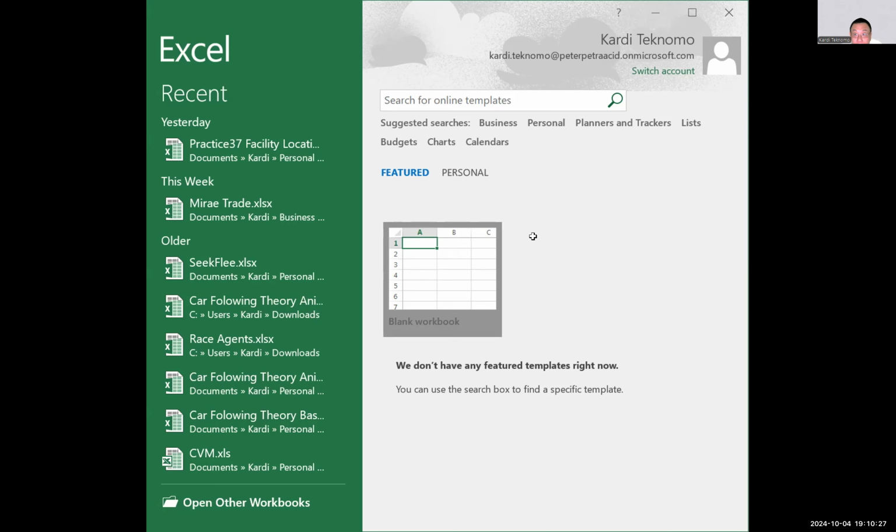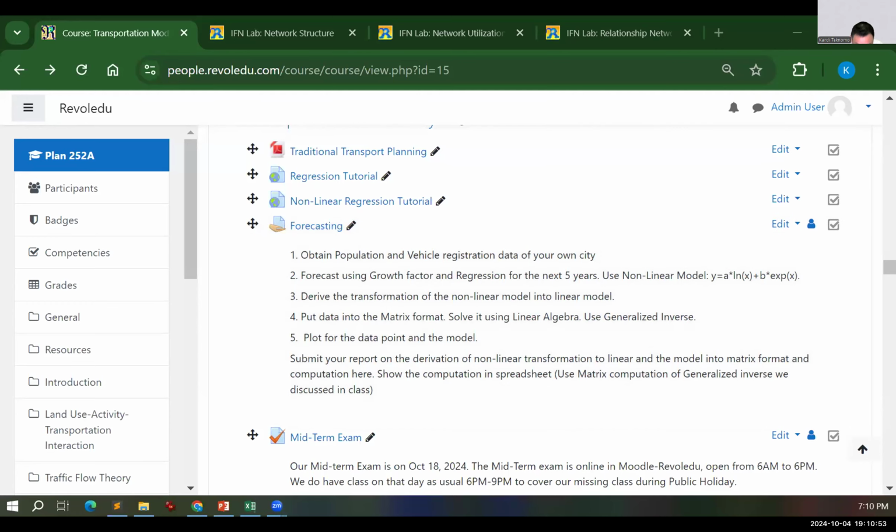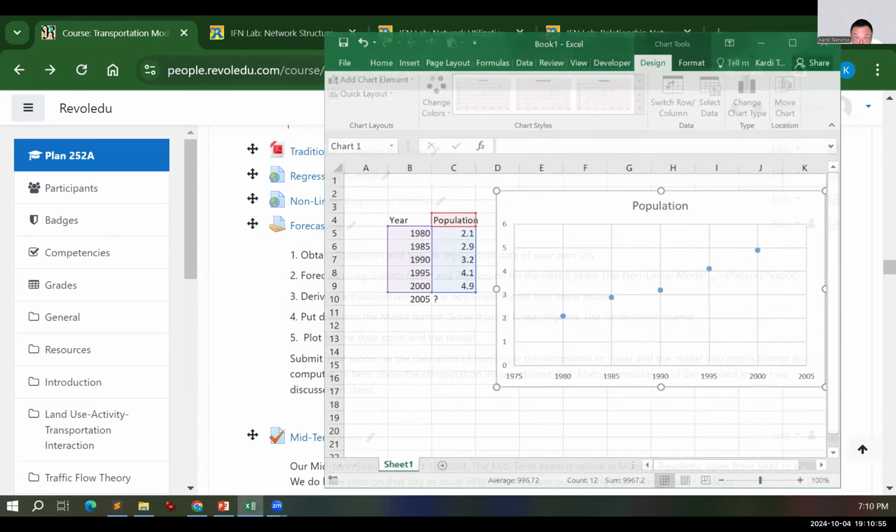The Excel file is not showing. Well, let me share the whole screen. Can you see?